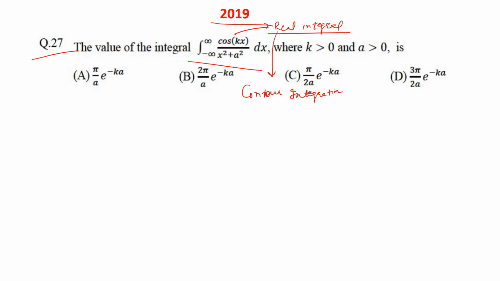First we will check the form of this integral, then we'll apply the contour integration accordingly. In this question, the integral is given to us in this form. This denominator has no real roots.